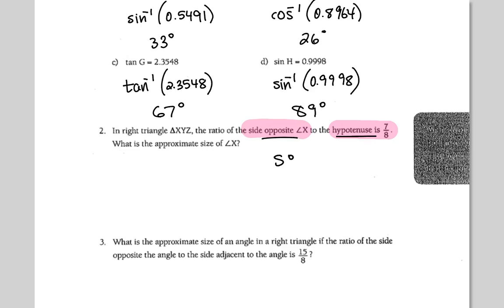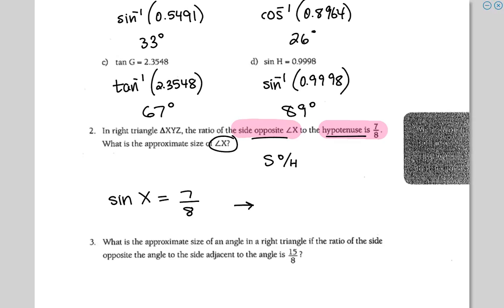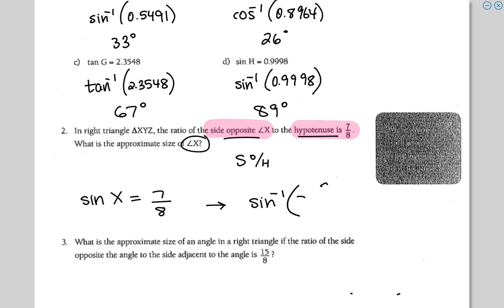And we know that the opposite and the hypotenuse is with the sine ratio. So I know that sine of angle x, that's what we're trying to find out, is equal to 7/8. So to solve this problem, we do second function sine, and we insert the ratio into the brackets.